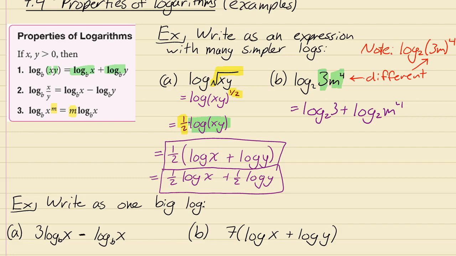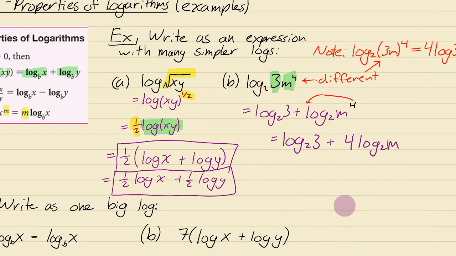So then we can now say we have this 4th power exponent here. Now we can use this rule 3 now and bring that 4 down as the coefficient. So now it's going to look like log base 2 of 3 plus 4 times log base 2 of m.